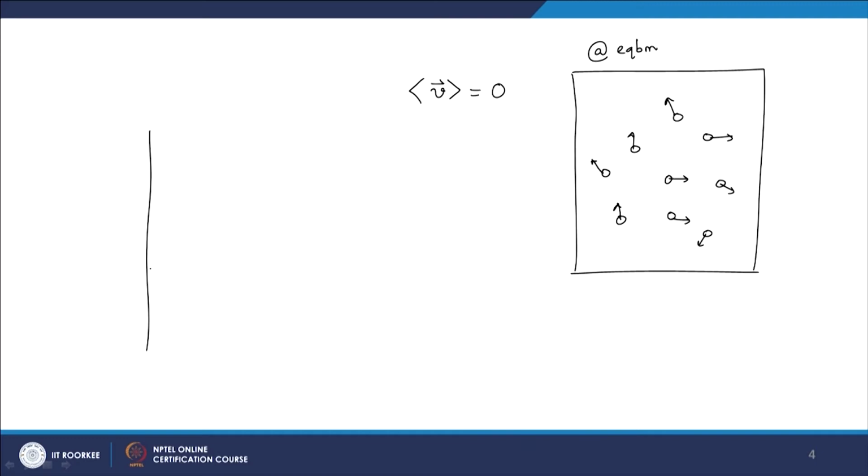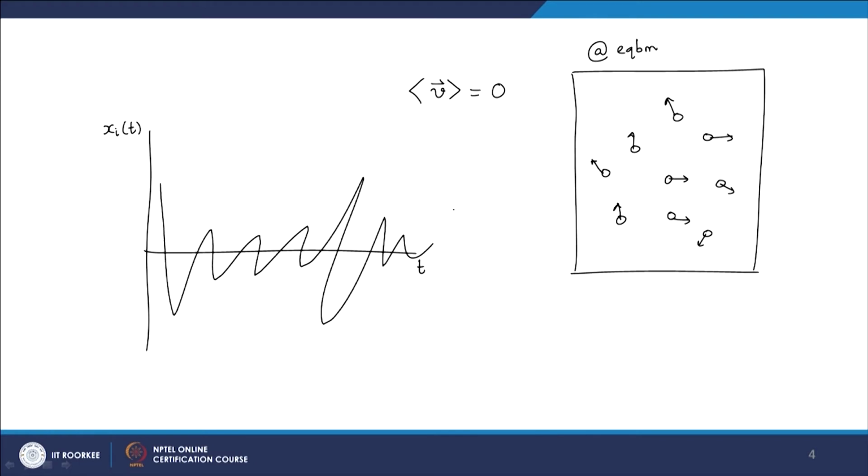Okay. I am talking about any thermodynamic property here; it would appear to us that any quantity we look at tends to fluctuate around some mean value, let us call it xi bar.